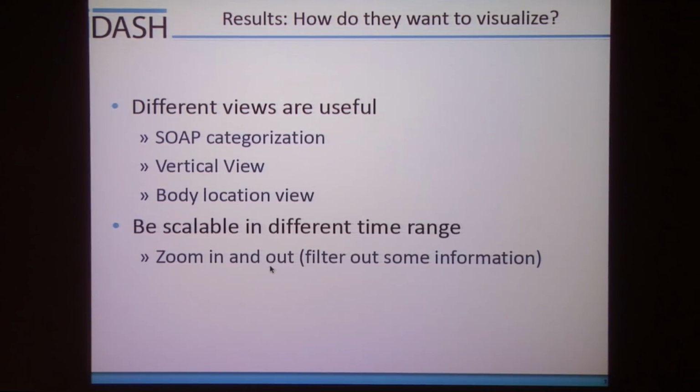So one doctor explained his requirement that in the most zoomed-in view, he would like to show very detailed information, including some attributes. For example, the chest pain is getting worse. But if we zoom out a little bit, he would think that just a few concepts would be enough. For example, just the chest pain.